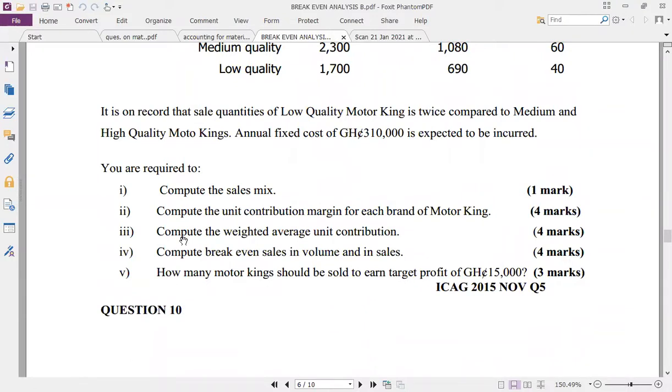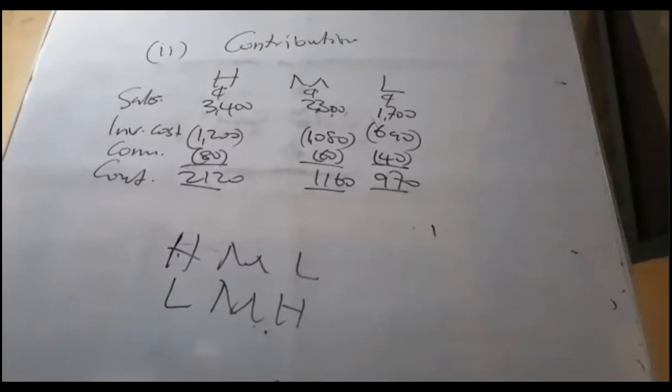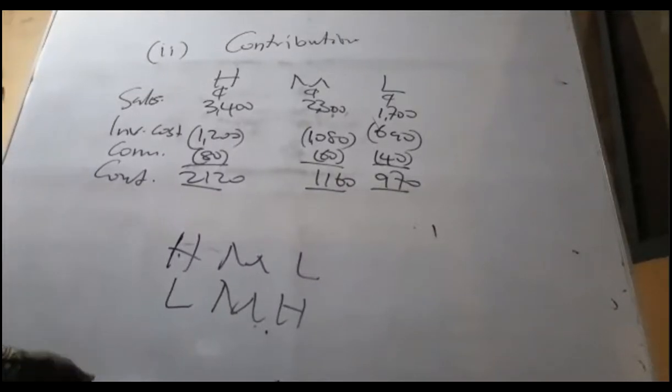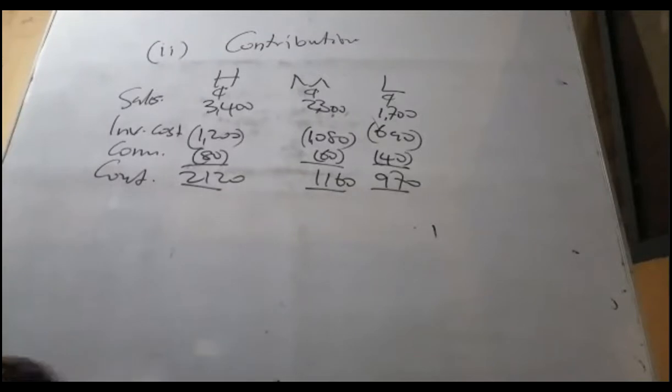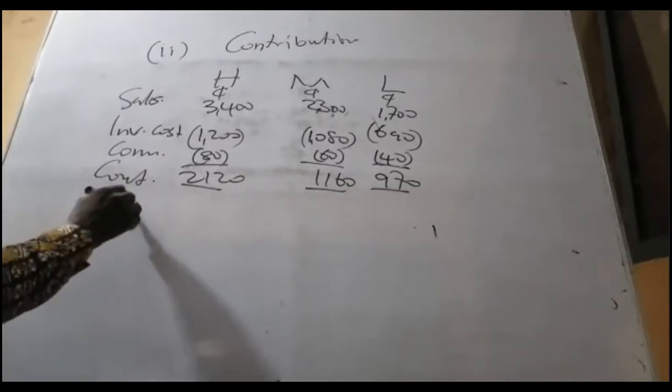Then the next one, compute the weighted average unit contribution, right? So how do you get the weighted average unit contribution? We bring the mix in, right? So I'll continue again. The mix is 1, 1, and what? 2.